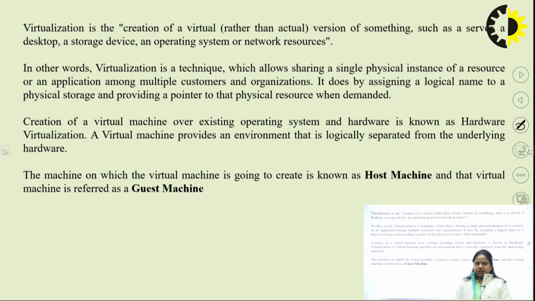So the definition is that virtualization is the creation of a virtual rather than actual version of something, that is a server, a storage device, a desktop, an operating system, hardware, or software. It allows the sharing of a single physical instance of a resource or an application among multiple customers or organizations, and whenever a resource is demanded, we provide it to that particular user.